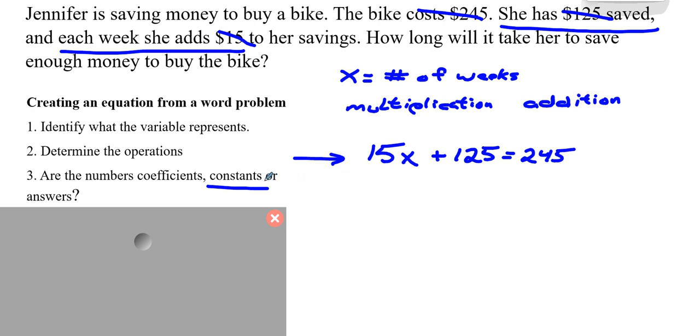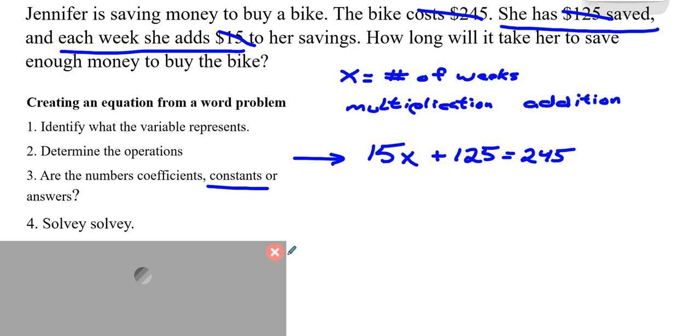But if you have a context or a real life situation, it gets a little easier. So there's our situation. We start with $125 and we add to it $15 every week that passes until we get to $245.